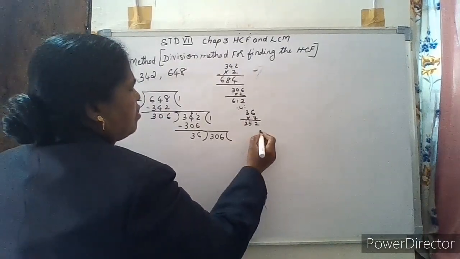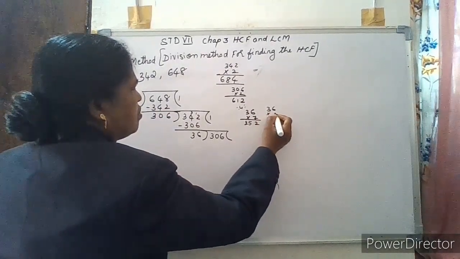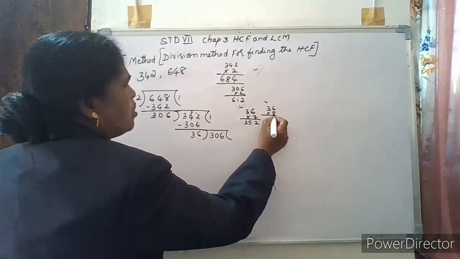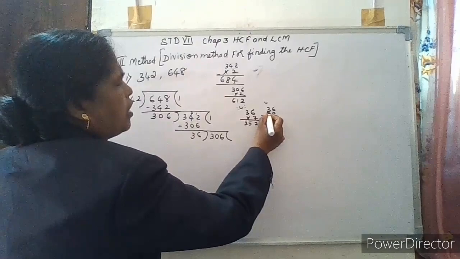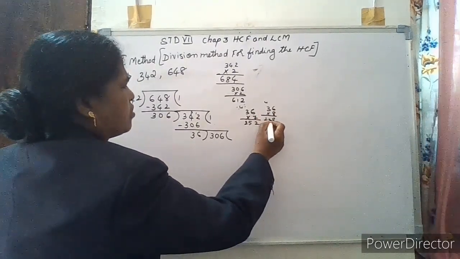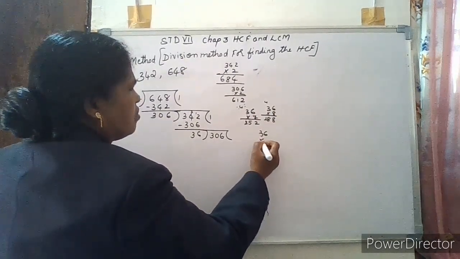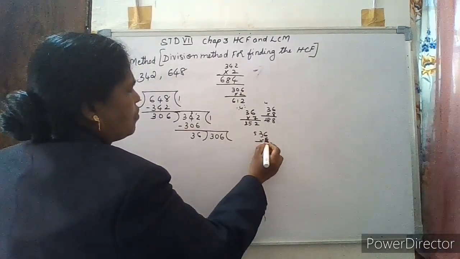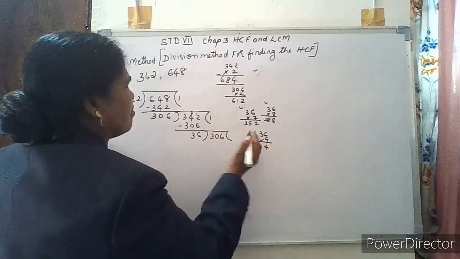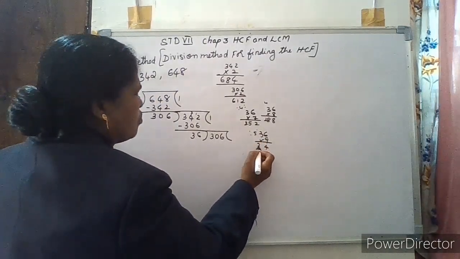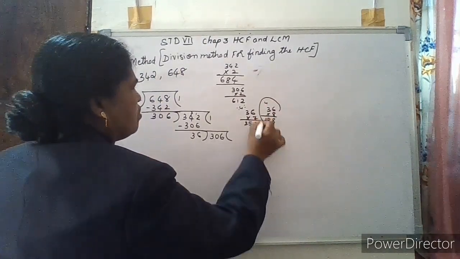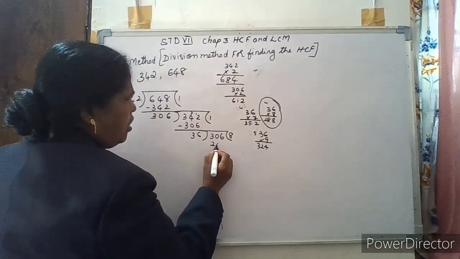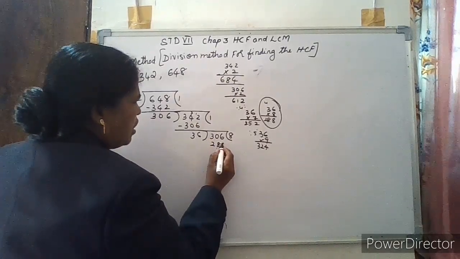So 8, you take 36 into 8. 6 8s are 48, carry 4. 8 3s are 24, 28. 36 into 9 is 6 9s are 54, carry 5. 9 3s are 27, 28 and 30, 31, 32. It will be more. So we have to take this 8. 8 is 288.